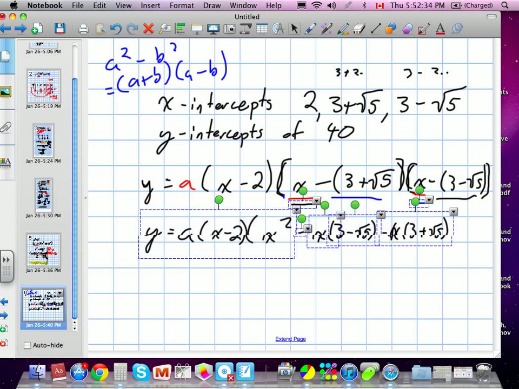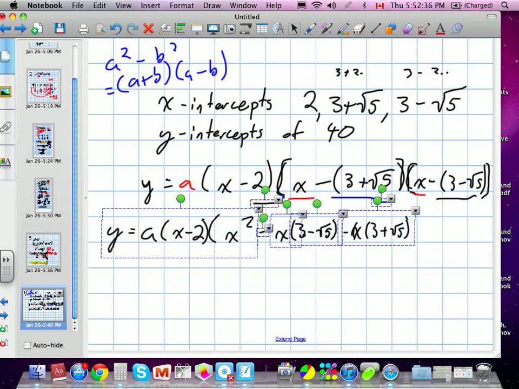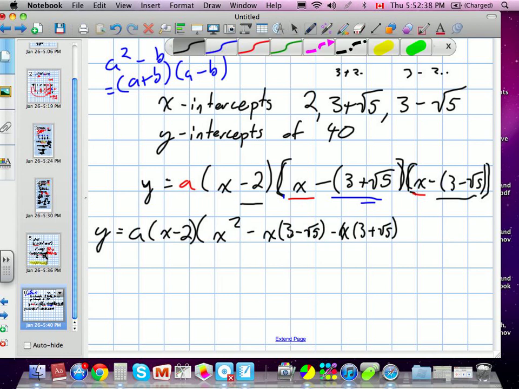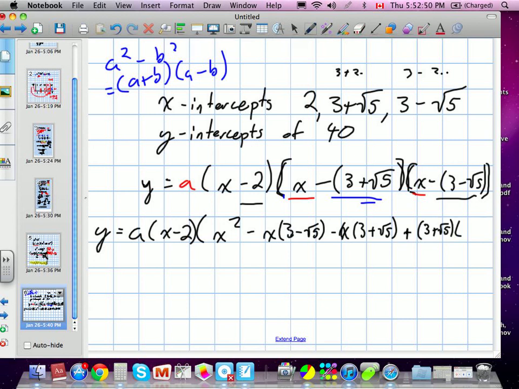To multiply those two terms together, we get negative times a negative. So we get positive 3 plus root 5 times 3 minus root 5. Does that make sense? For our FOILing? Okay. So then we get y is equal to a, x minus 2.